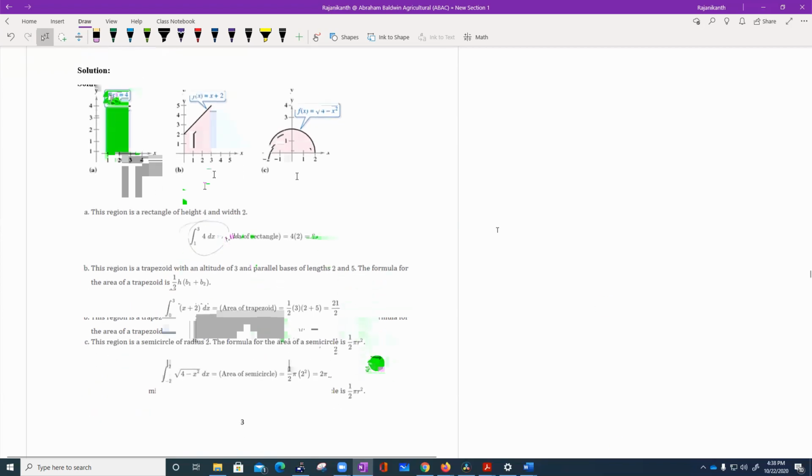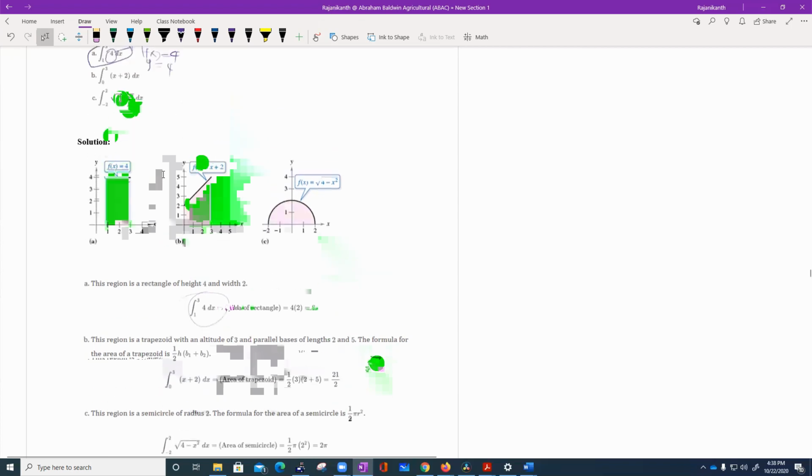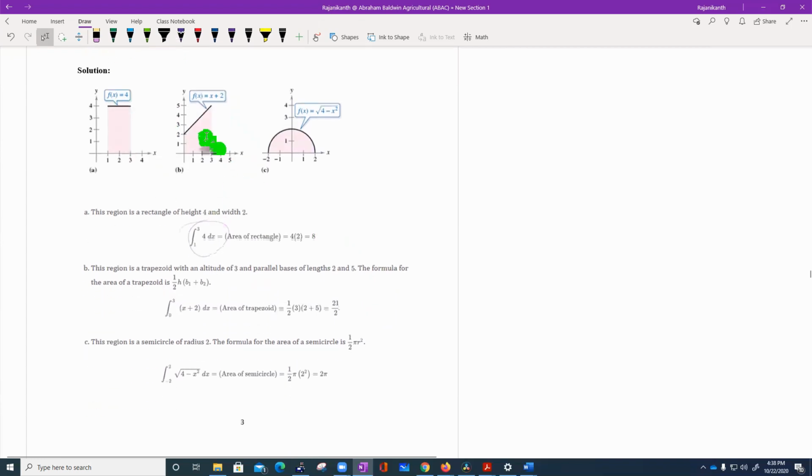Okay. If you look at the second picture, x plus 2 is the straight line, and you are finding the area from 0 to 3. The colored area is a trapezoid, a shape like a trapezium. We know how to find the area of a trapezium: half times the sum of the parallel sides, times its height.